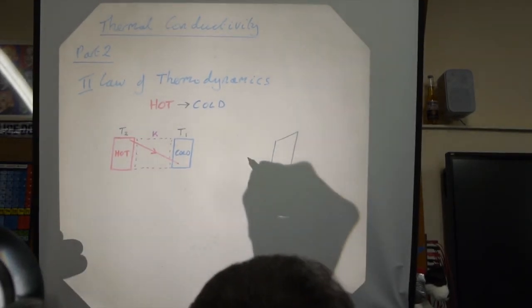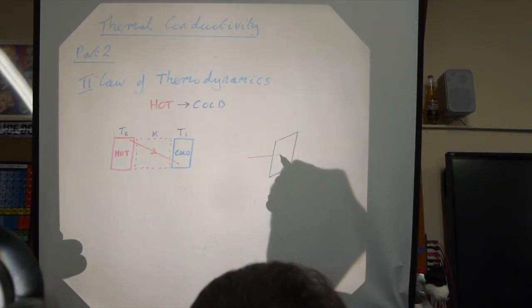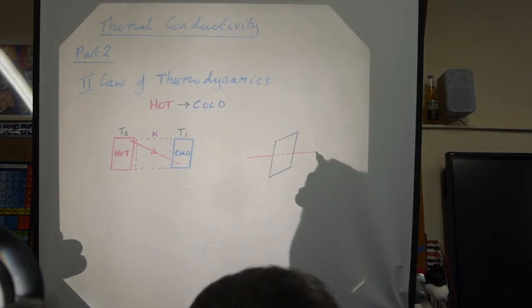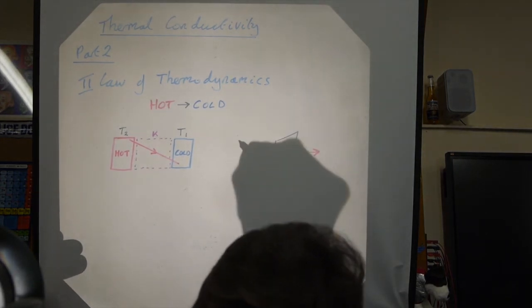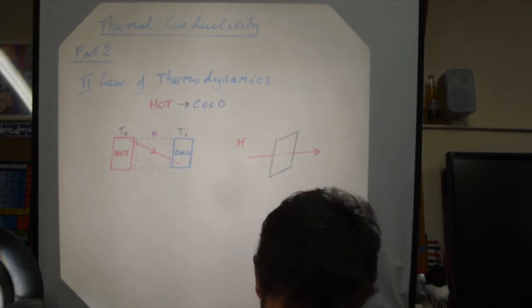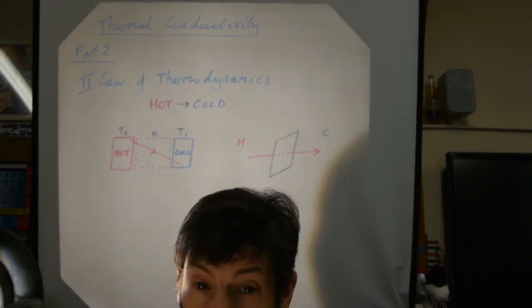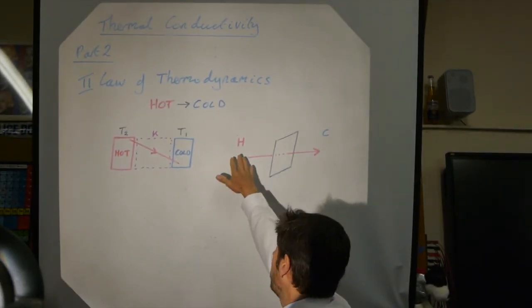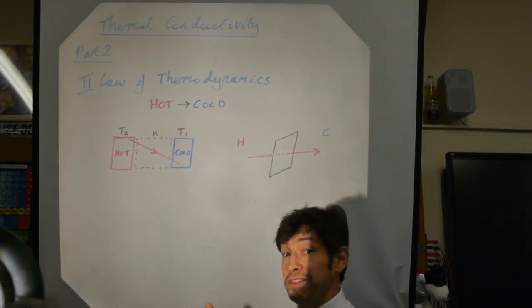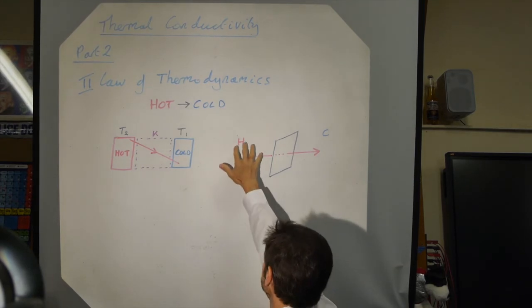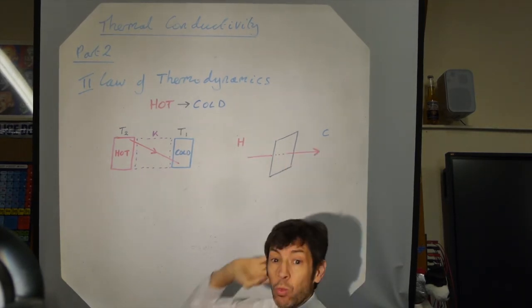So the heat will try and get out of this material to the cold area. So this side is hot and this is the cold region. So we've got a temperature gradient here, more correctly the difference between T2 and T1.